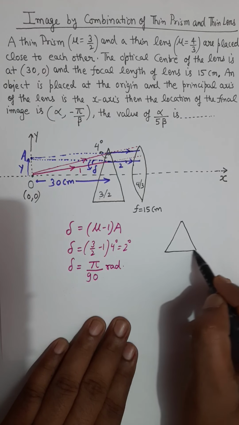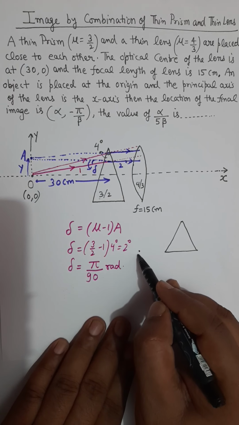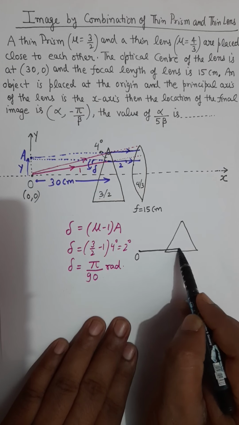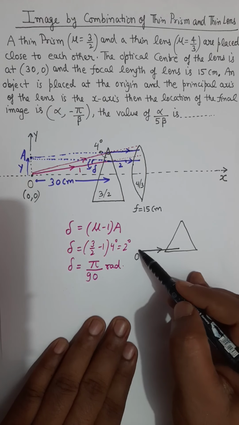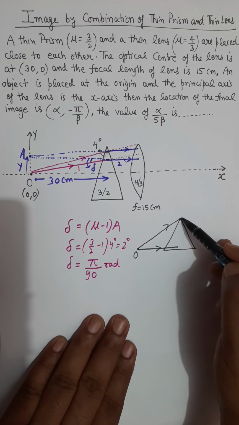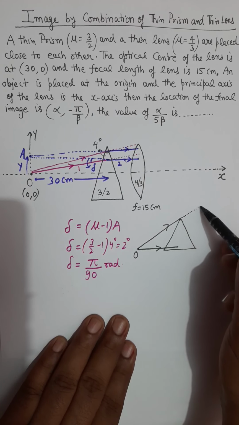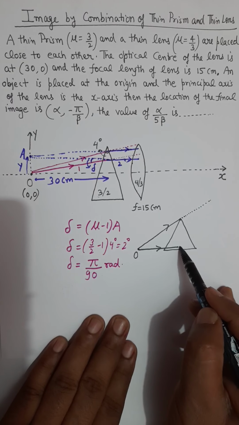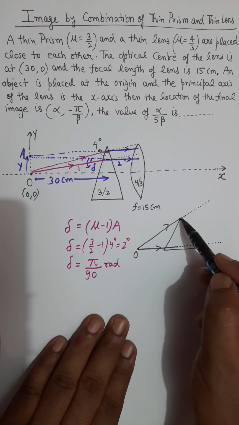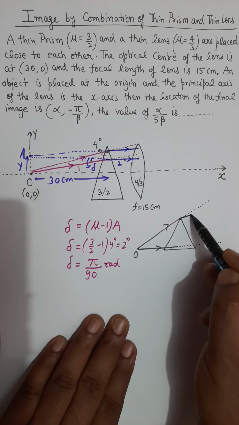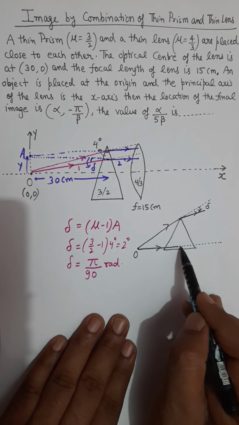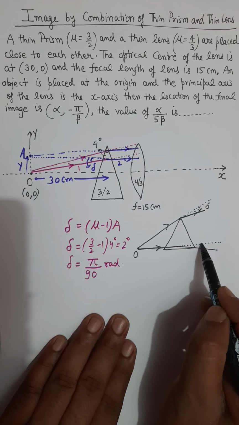Let's say we have thin prism. This is my point, let's say O. I consider one ray through the base of prism and I consider one more ray to the top of prism. In case of no deviation, these rays will proceed in straight lines. But due to deviation by very small angle, the two rays are slightly turned. They are deviated by delta angle, and this ray is also deviated by delta angle.